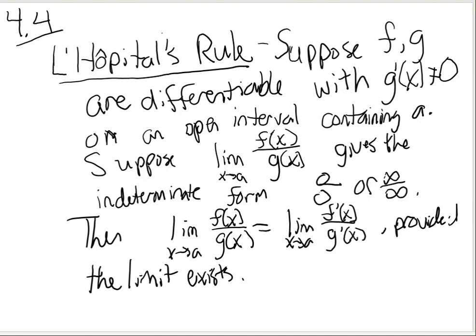So really, you can just take the derivative of top, take the derivative of bottom, and divide by them, given these conditions, that you have 0 over 0 or infinity over infinity. This does not work for the other forms that we had. So you have to be very careful that you have either this form or this form.